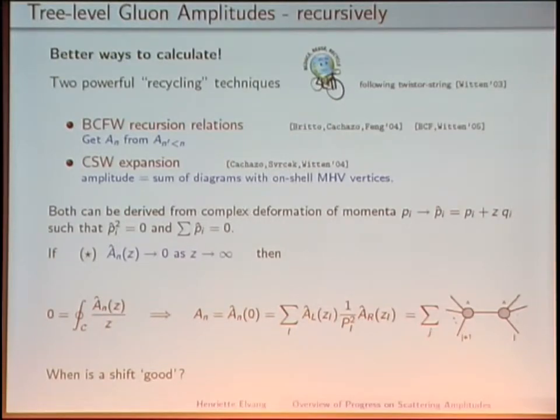Since it's a tree-level amplitude, it only has simple poles. You surround those simple poles by a contour, and provided that there's no pole at infinity, this contour integral vanishes. In other words, you can express the sum of all the residues as zero. In particular, the residue at z=0 is the actual amplitude you want, when there's no shift, and that can then be expressed in terms of all the other residues.